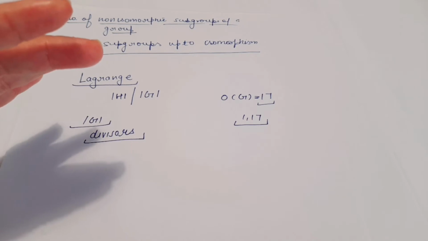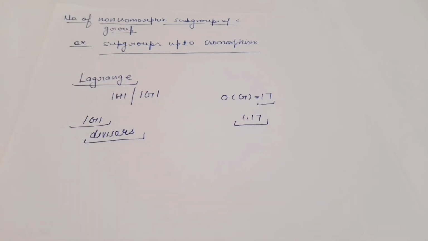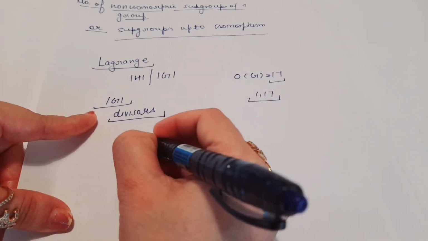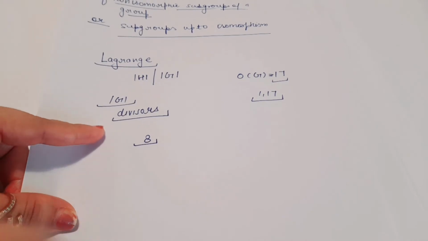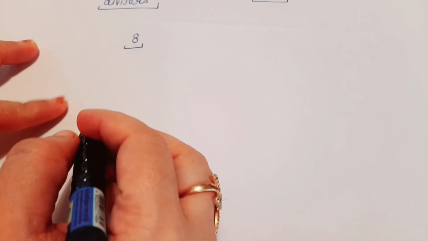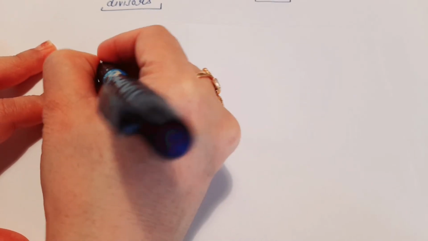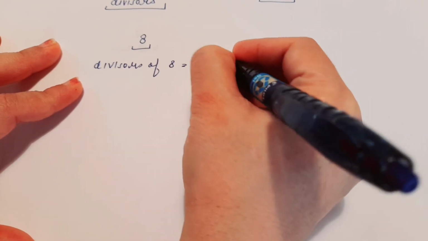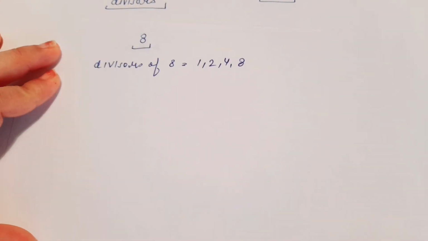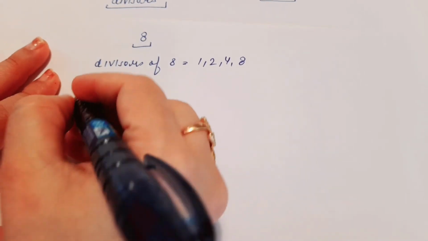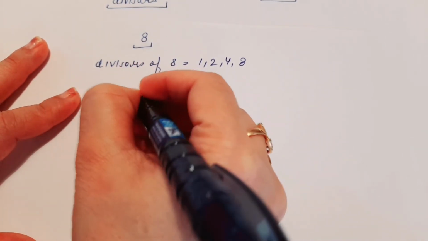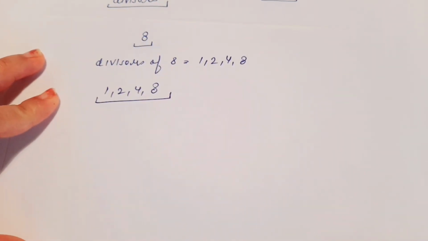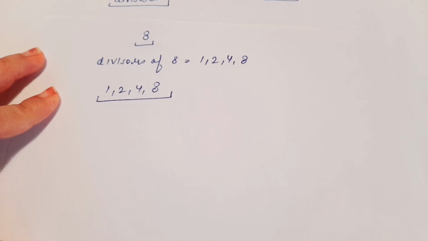If we have a group of order 8, we will see the divisors of 8, which are 1, 2, 4, 8. So we can have subgroups of order 1, 2, 4 and 8.